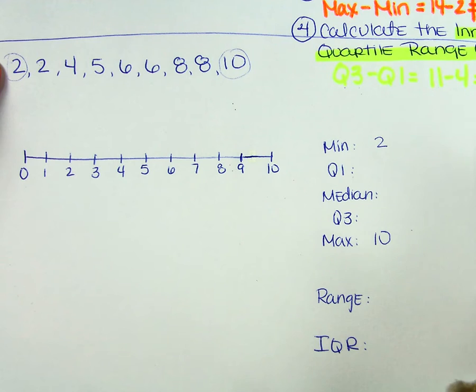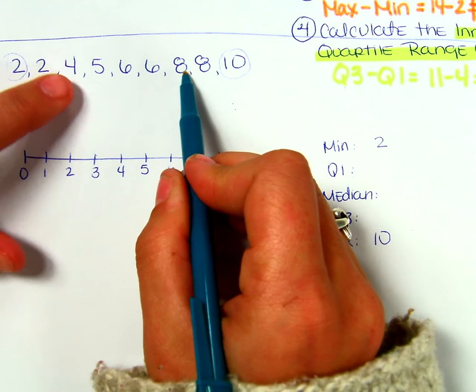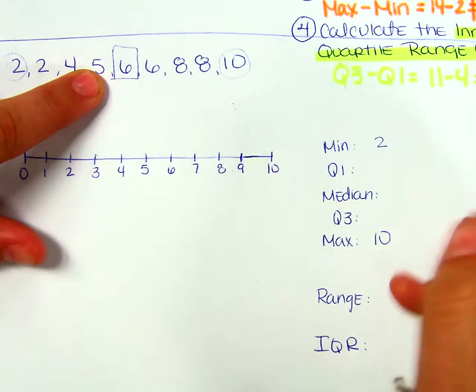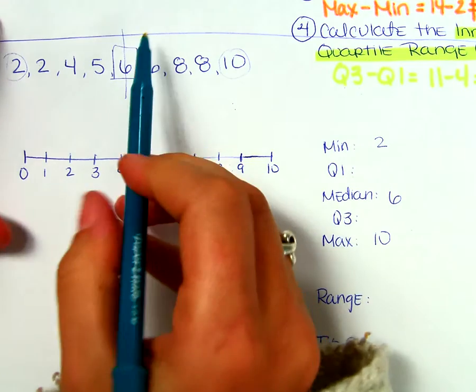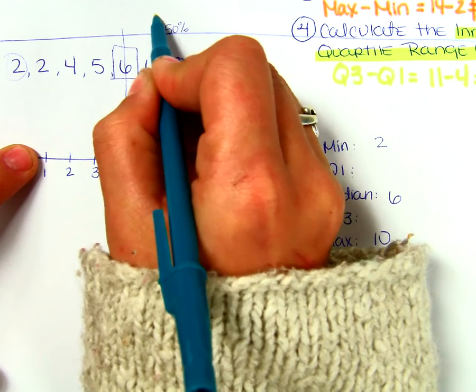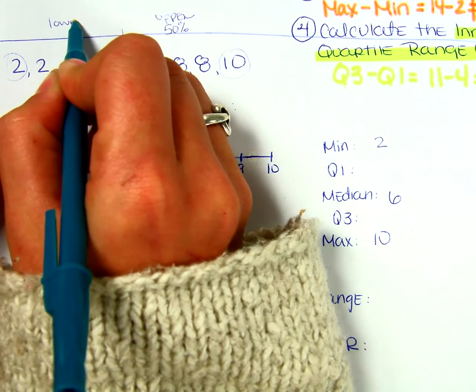Okay, now we're going to find our median. So we're going to divide our data in half. And we see our median is 6. So what 6 does is it separates 50% of the data. This is the upper 50%, and this is the lower 50%.